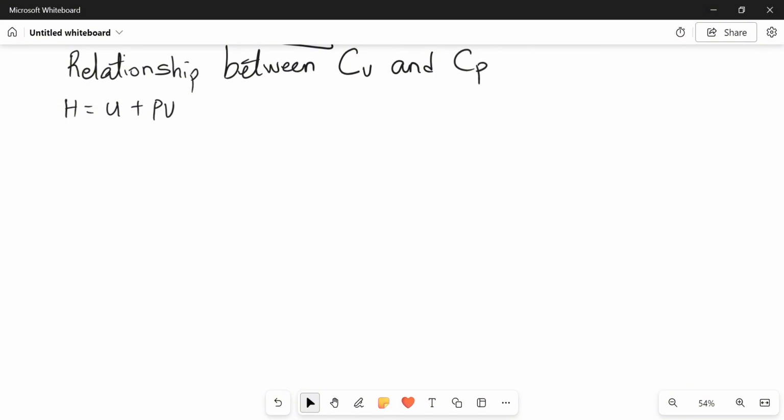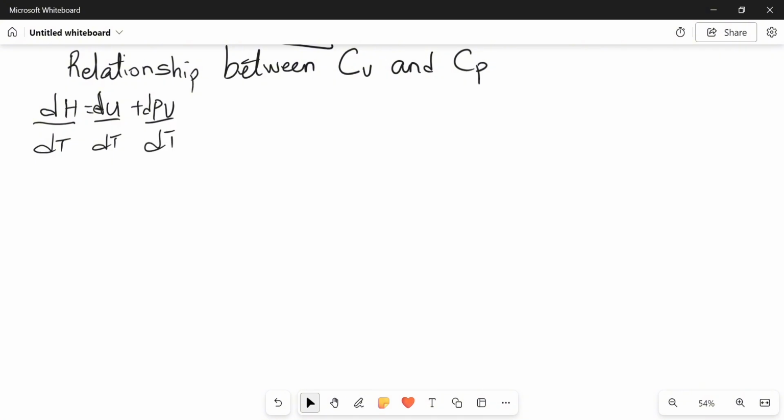Now, looking at this, let's see what we can do to get it in terms of CV and CP. Now don't forget that if I differentiate them in terms of temperature, that is d over dT.